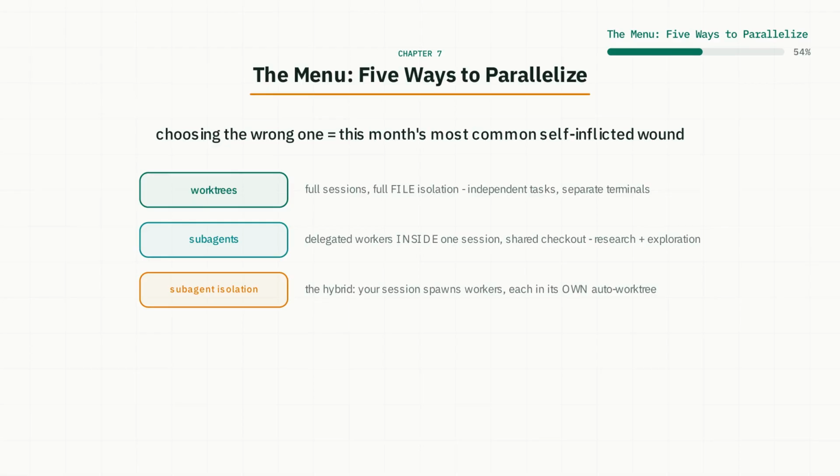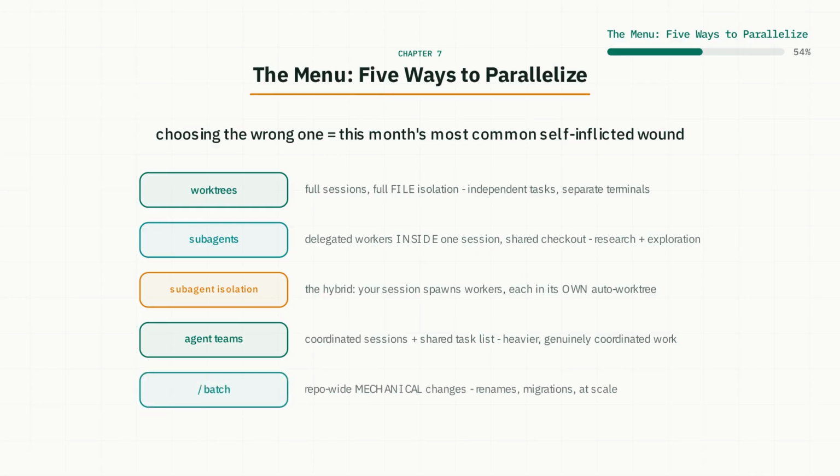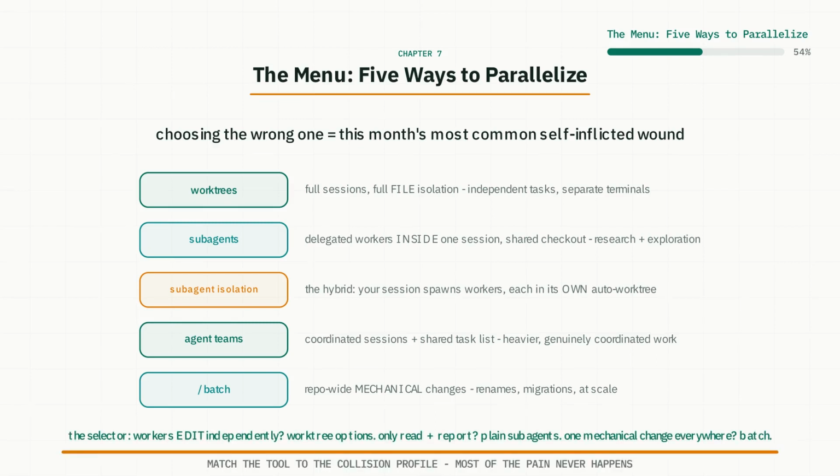Subagent isolation: the hybrid where your one session spawns workers, and each gets its own worktree automatically, parallel file edits without you managing terminals. Agent teams: coordinated sessions with a shared task list, heavier machinery for genuinely coordinated work. And the batch command: repo-wide mechanical changes, renames, migrations applied at scale.